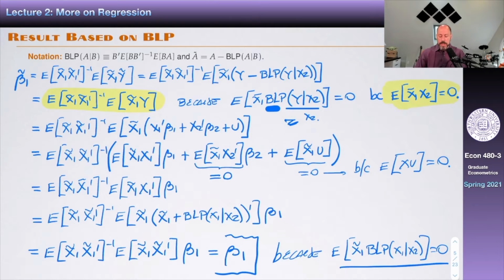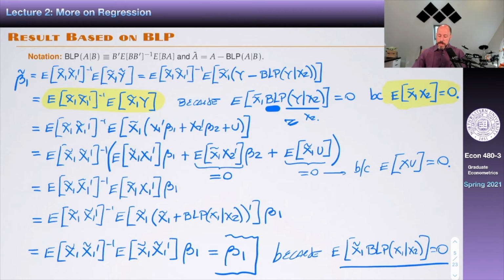And actually, in the middle, we learned that you don't need to partial out the y, so you can just do y onto the partialed out version of x1. And both lead to exactly the same value of beta. Okay? Any questions about this?